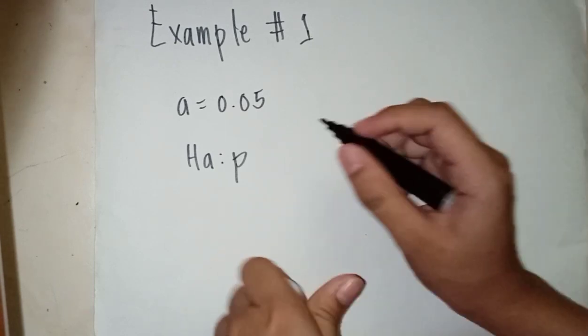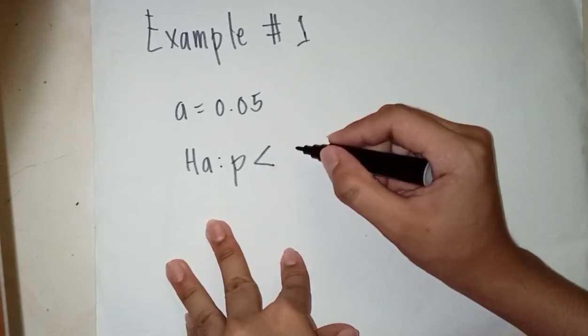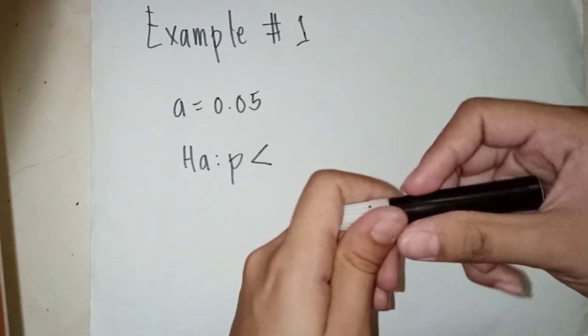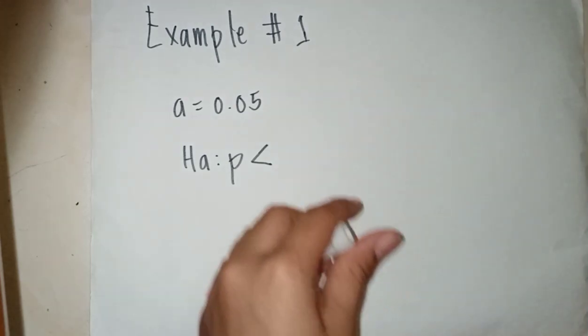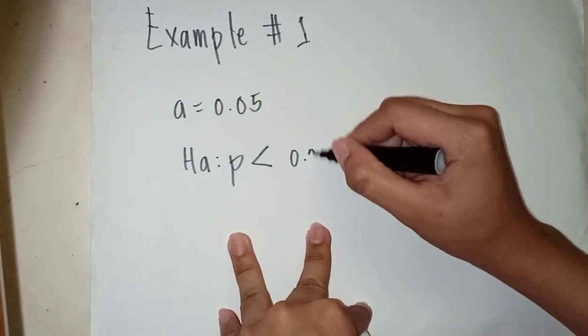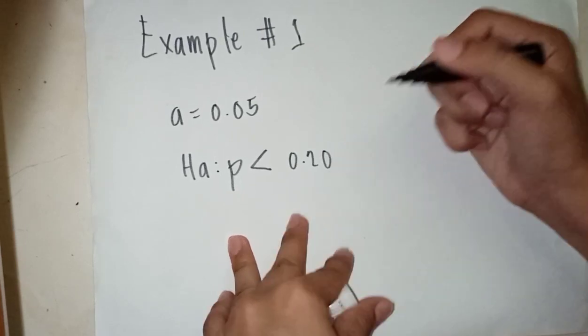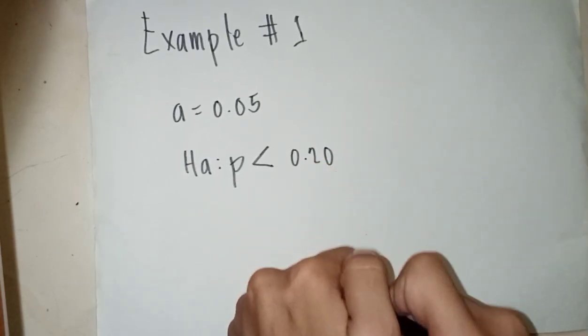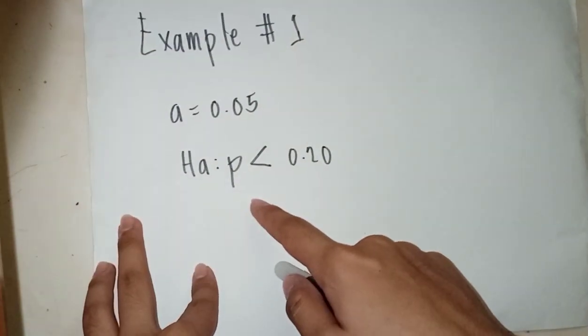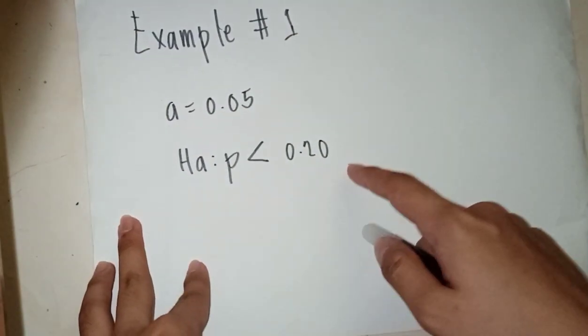So this is less than, and the 20% you will make into a decimal, which becomes 0.20. So, our alternative hypothesis is H sub A, P less than 0.20.